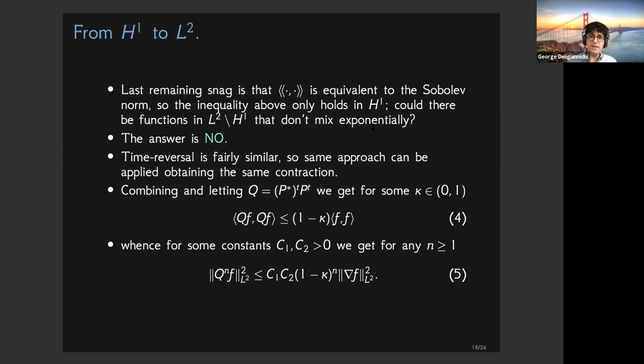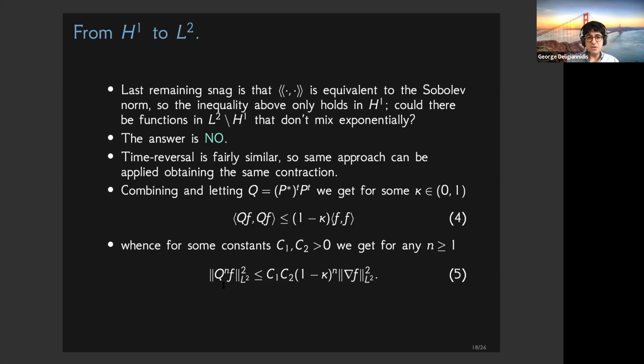Now you can combine the semigroup with its adjoint, composing them at time t, to get this self-adjoint operator Q. In fact, what we've just proven is that in this Sobolev norm, at least, we get this type of contraction for this self-adjoint operator Q, P star t P t. Obviously, this is self-adjoint in the L2 sense, not in the Sobolev sense. But we will see in a second how you can leverage that to prove contraction for all of L2.